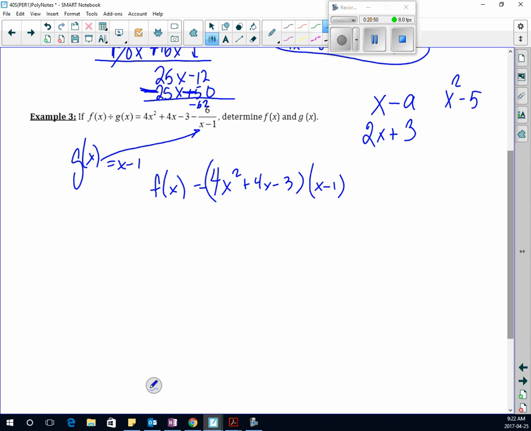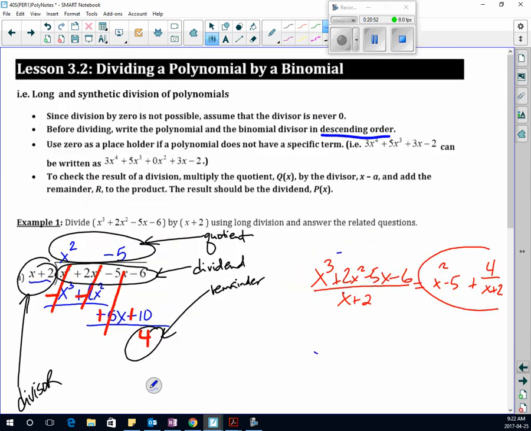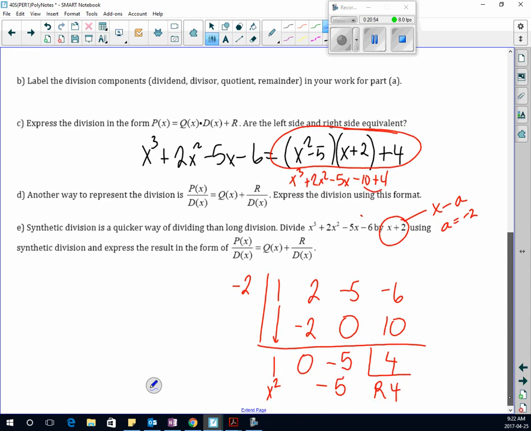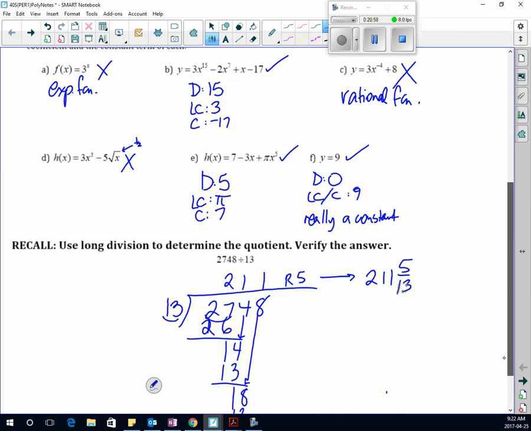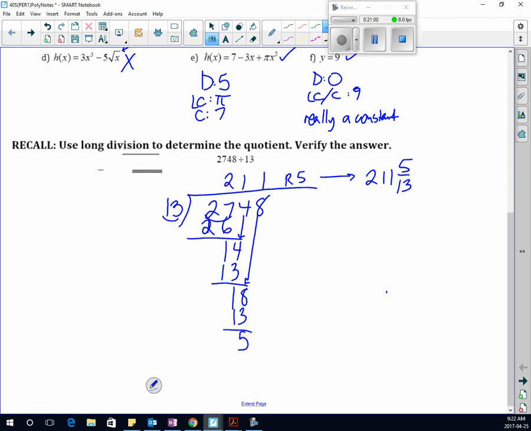So if you don't, let's go back to that first page here when we did long division with numbers. Does everybody see if I take 13 and times it by 211, I would get a number that is 5 short of 2748? Yeah?